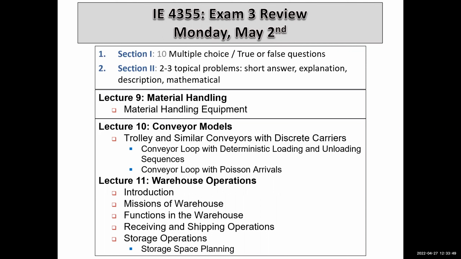So we have lecture 10, part 1 and part 2. Part 1 was focusing on models, looking at deterministic models for the design of conveyors. So in this type of problem, you were assuming that you know for sure what's going to happen in terms of the arrivals that you would expect. And then we were designing for the capacity of the cart that was moving, or the cars that were moving in the conveyor.